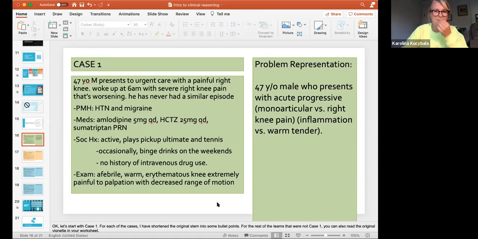Ugh, it's such a bad misnomer. So in case this helps your brain, you could write acute progressive monoarthritis. And maybe to group 1 or to the whole group: if you just hear monoarthritis without any of the other risk factors, does that help? Is it hurtful or helpful for your differential?